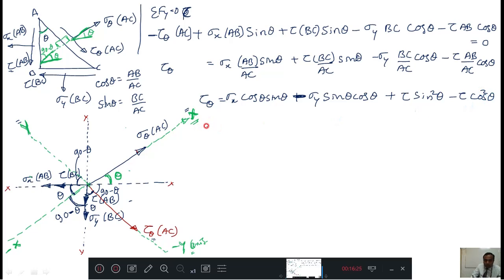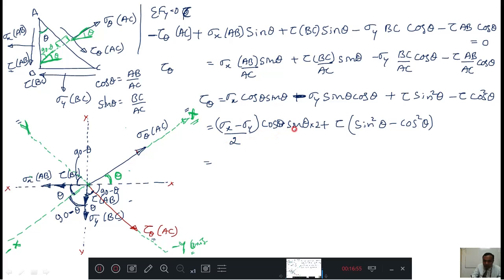Okay, now here sigma x minus sigma y, because cos theta sin theta is common, cos theta and sin theta taken common, plus tau will let it be here, then this becomes sin square theta minus cos square theta, and here divided by 2 and multiplied by 2, nothing will change.